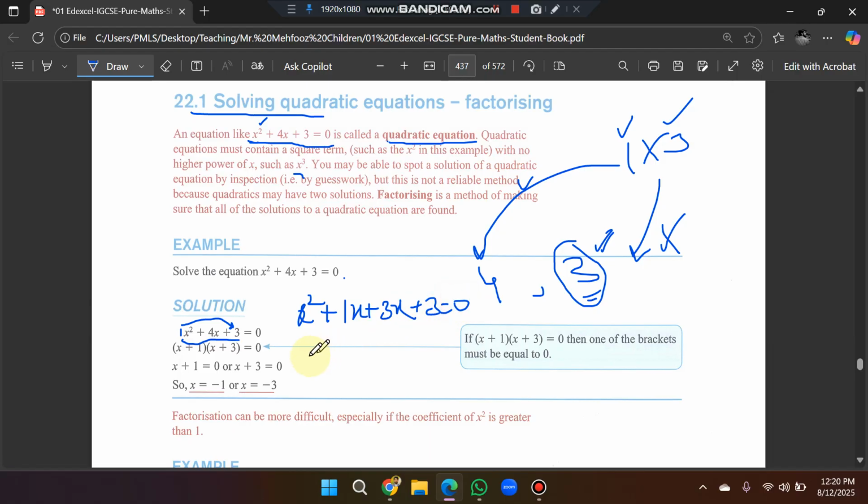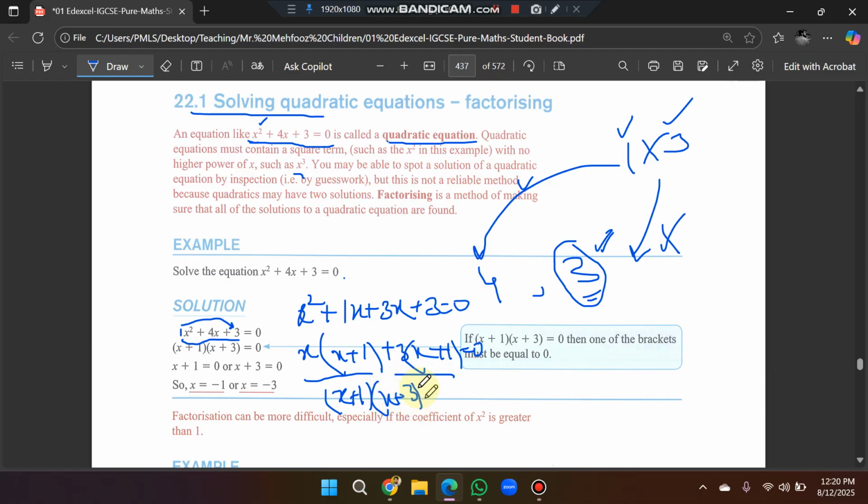In this case, if we take the common x from the first two terms and 3 from the second two terms, you can see that we have this type of equation. In these two terms, we have the common term, that is x plus 1, and x plus 3 is the rest term.